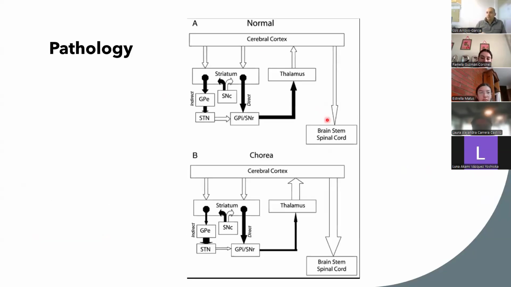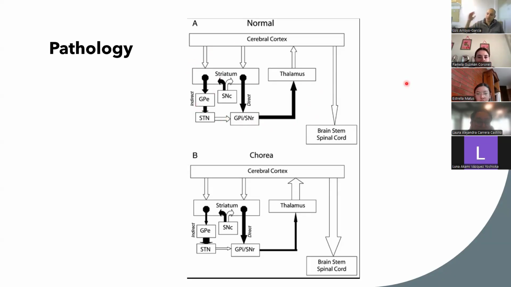So here is what happens, and I want you to look at this for a minute or two. So this is the normal. This is actually the same motor diagram that we have checked before.